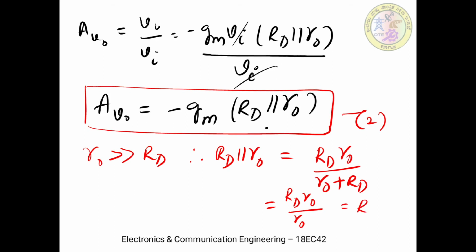So this gives only RD, since the R0 terms cancel. Therefore the parallel resistance, RD parallel to R0, is almost equal to RD only. With this we can rewrite equation 2 as the open circuit voltage gain AV0 equal to minus Gm into RD.